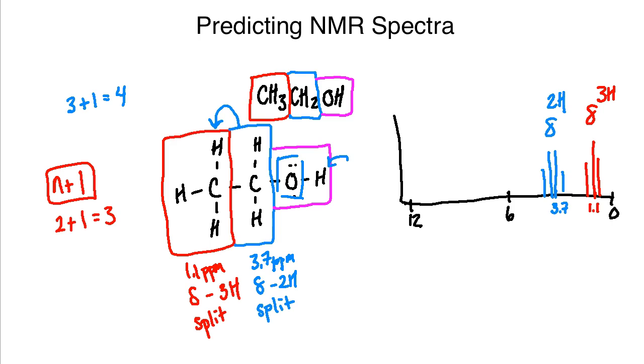So this hydrogen right here is not going to affect the split of the CH2. And vice versa, the alcohol hydrogen will not end up having any type of splitting due to the CH2. The CH2 will not play an effect on it.